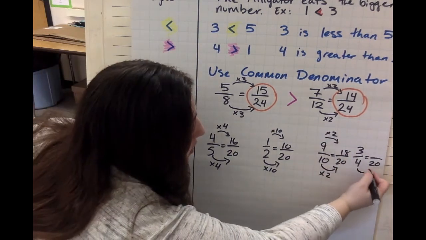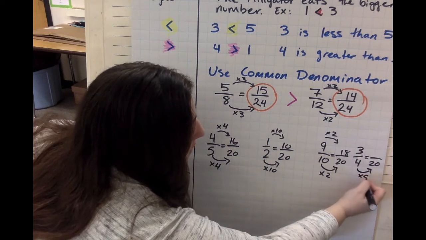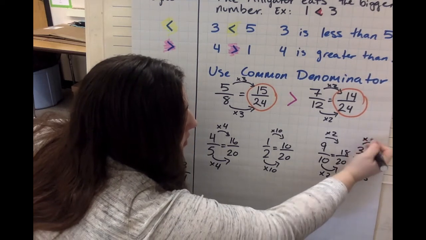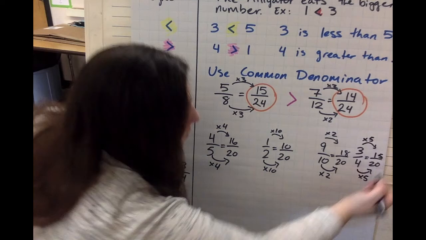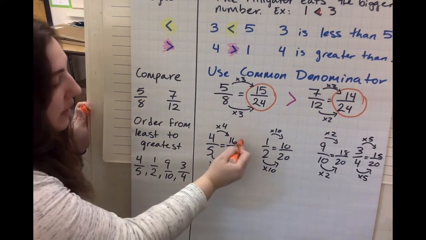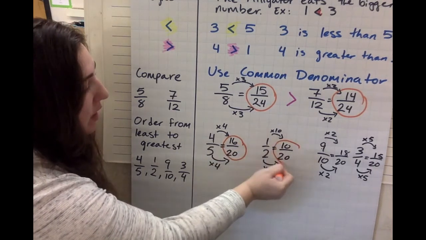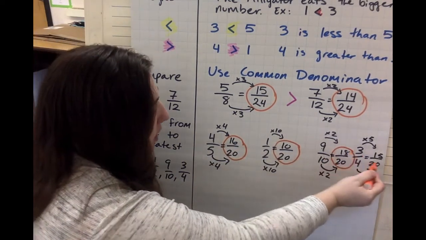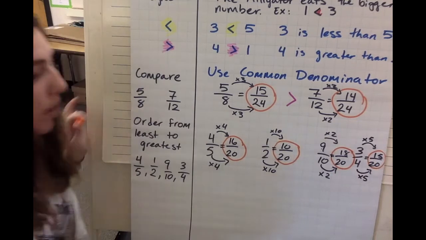And last one, 4 times 5 is 20, do the same to the top. So now I have 16/20ths, 10/20ths, 18/20ths, and 15/20ths.